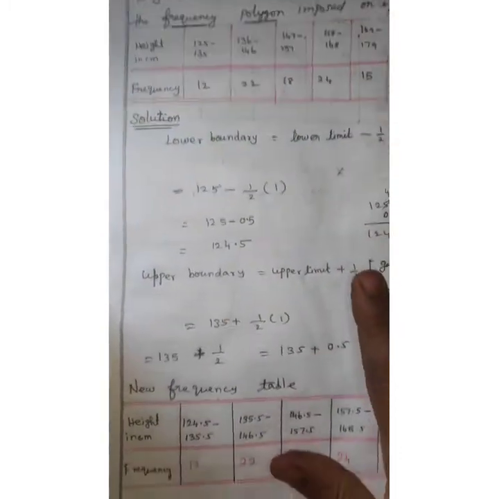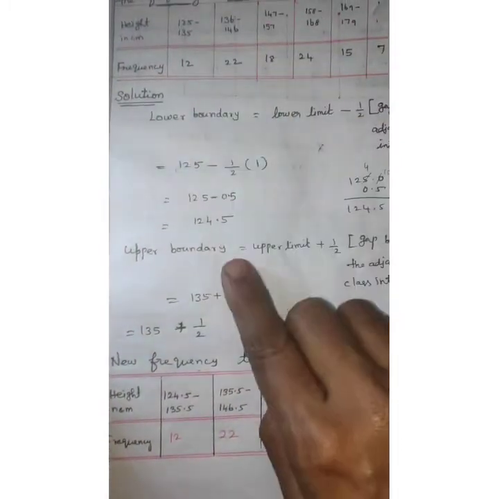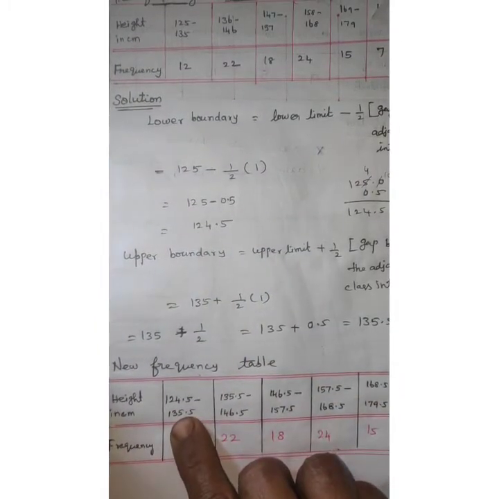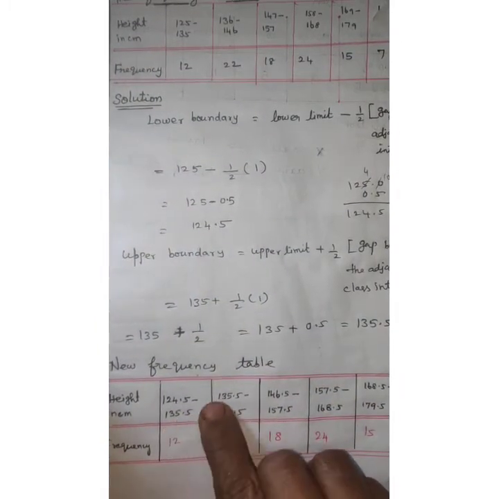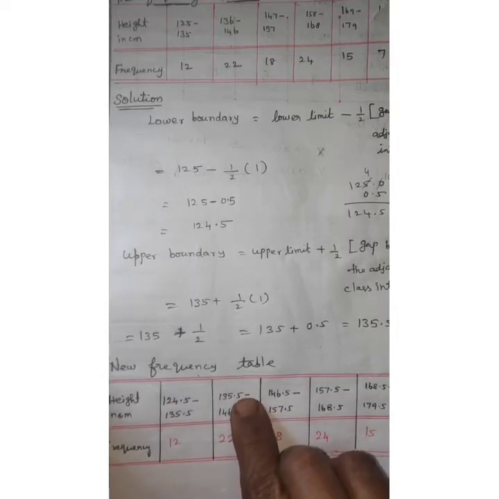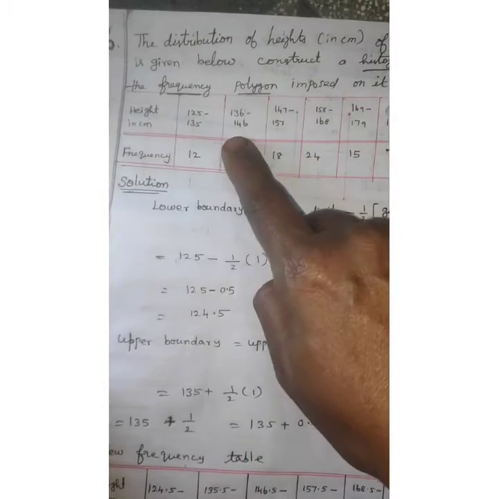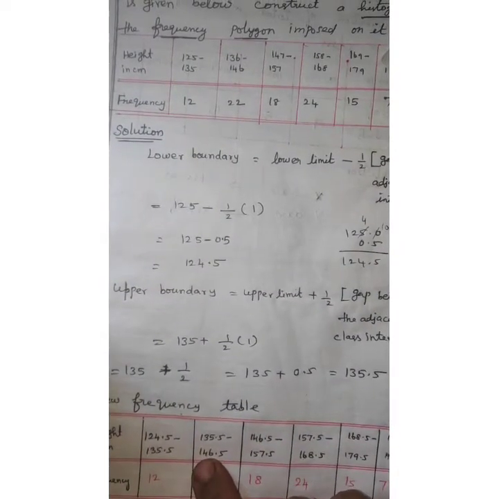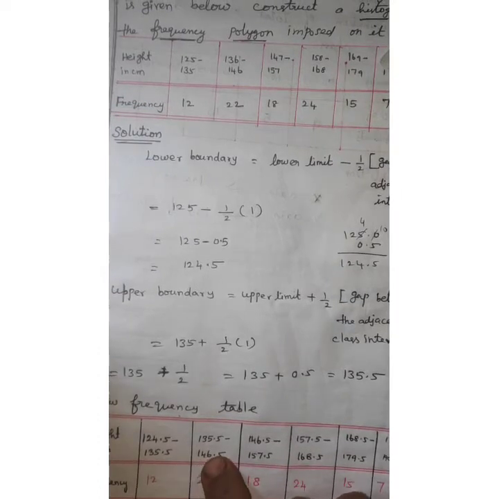Now prepare the class interval frequency table again. Write 124.5 to 135.5 first. Next write 135.5 to, and the last number given is 146, so add 0.5 to get 146.5.